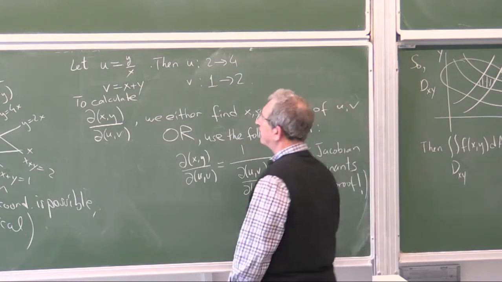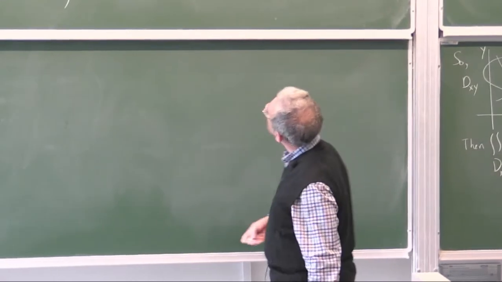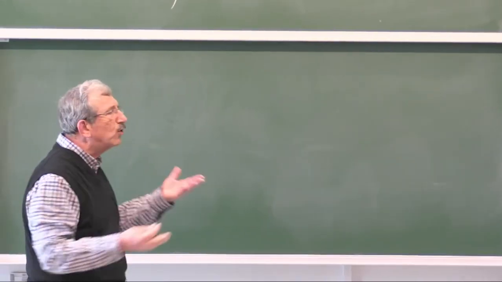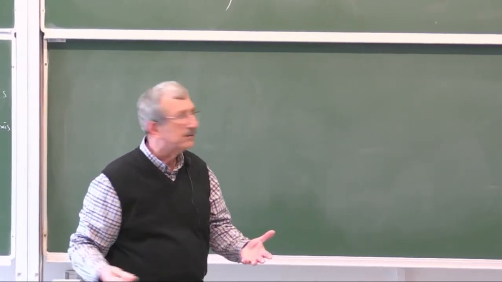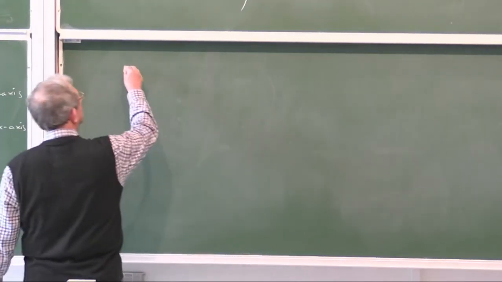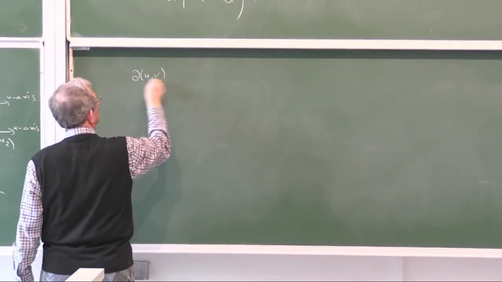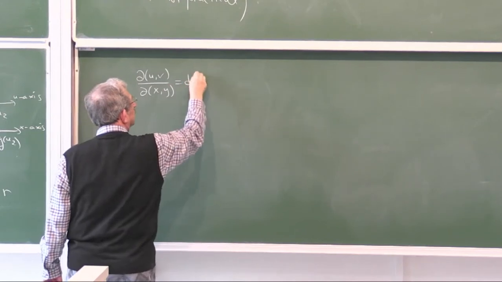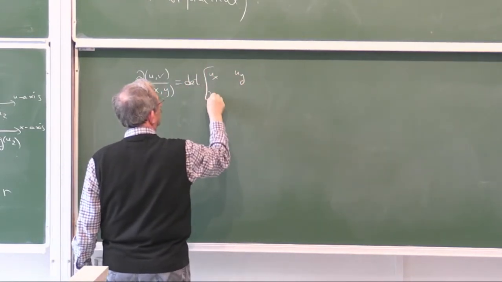So now, as you can see, you can solve y and x from these two equations, but it's not always very useful or simple, and it's not practical. So the second approach is much better. So let us calculate del uv by del xy. Remember, this is the determinant of ux, uy, vx, vy.